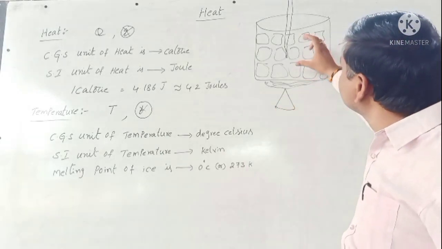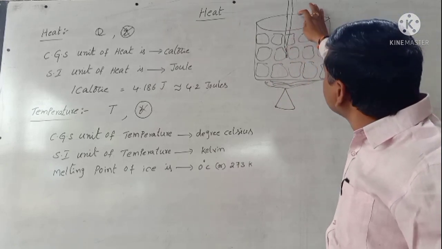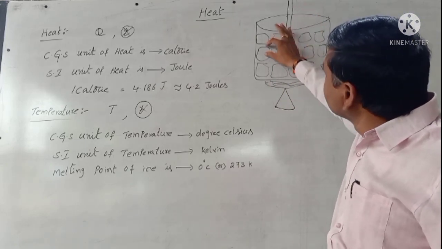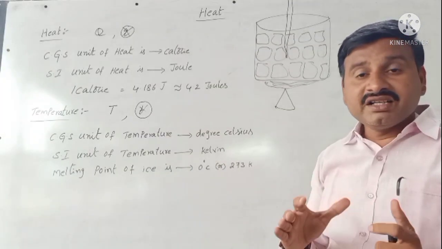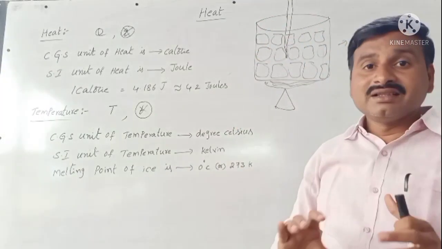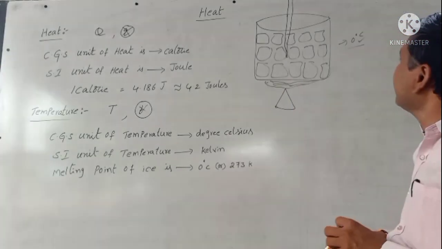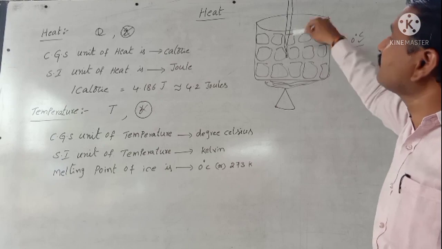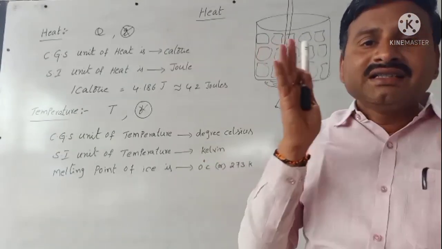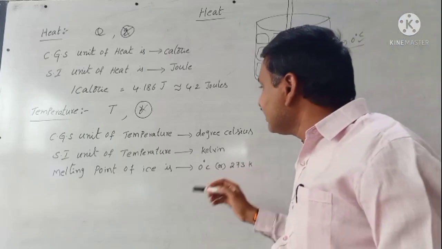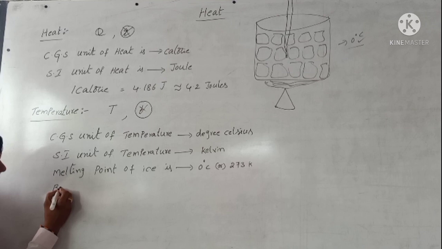Heat is supplied, but when ice is melting, the temperature remains constant. That means the entire ice cubes were converted into water, and the temperature did not change. So it is the melting point of ice. After that, the boiling point of water.